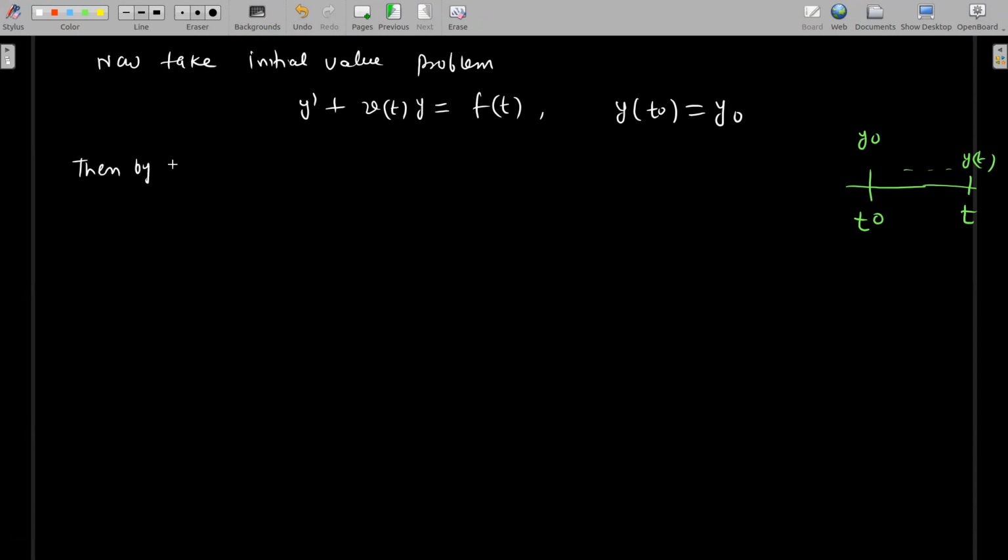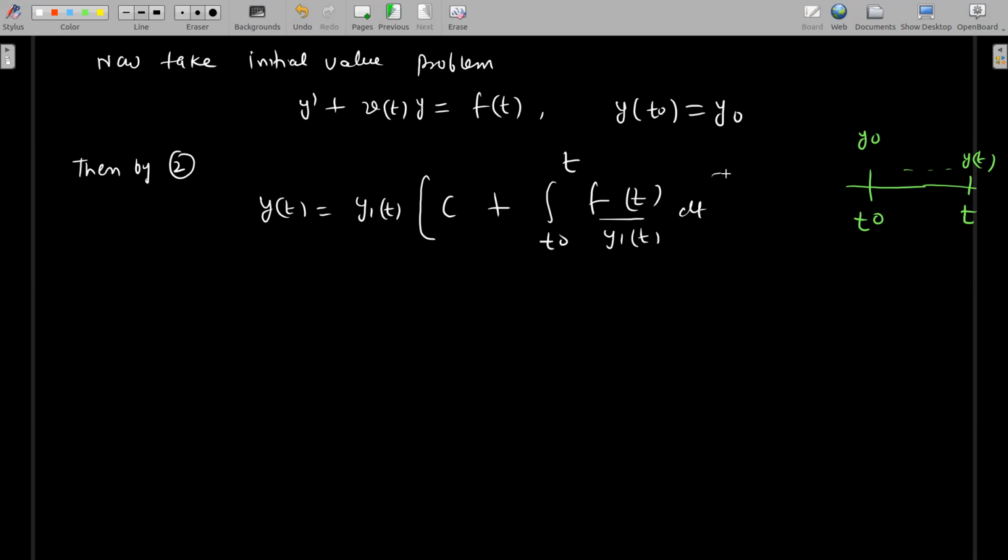So then by formula 2, just integrate that equation from T naught to T. So this is Ft upon Y1, this is dt.